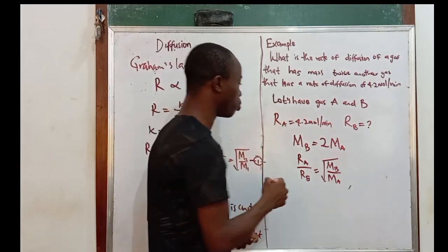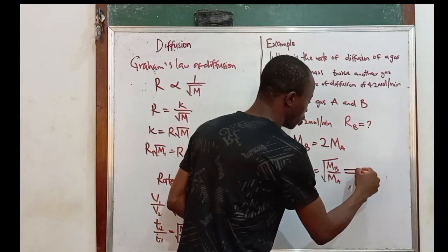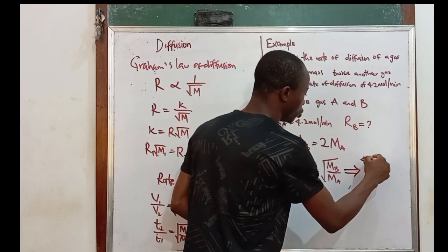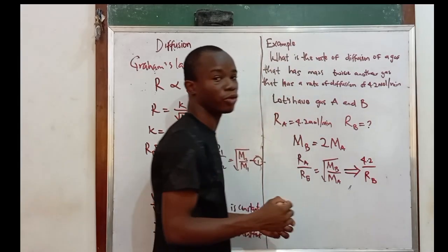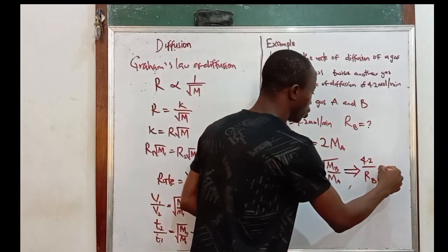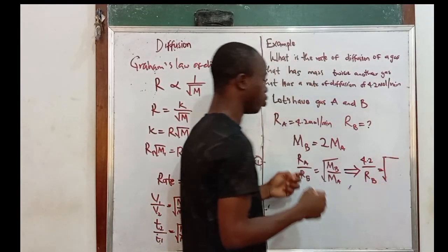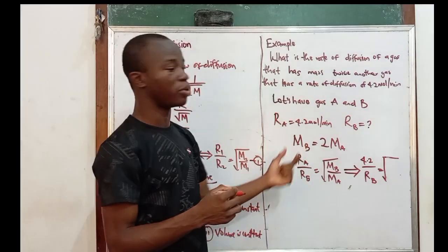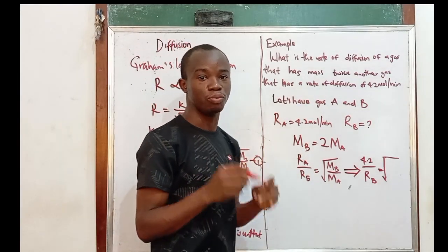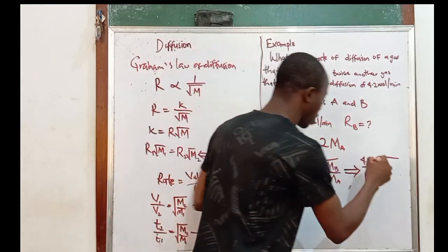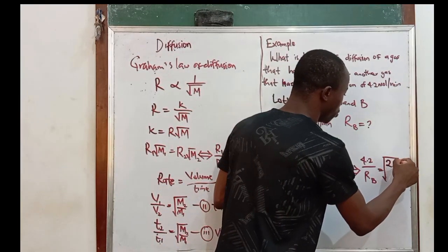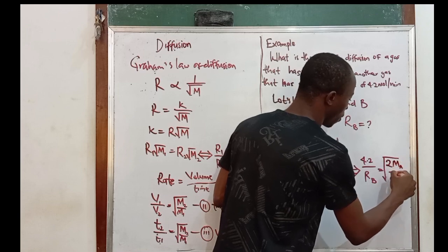So our RA is 4.2, so that means that we are going to have 4.2 over RB, which is the rate of the gas that we do not know, equals the square root of. Now, we have already said that the mass of B is 2 times the mass of A. So that means that we change this MB to 2MA over MA.